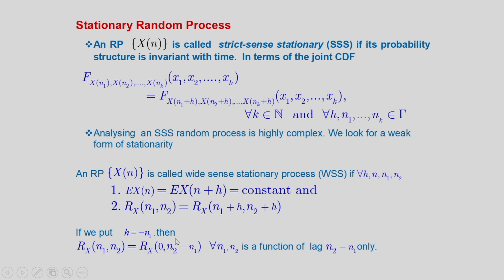It depends only on the time difference n2 minus n1. So, for a wide sense stationary process, the mean E of xn is constant and the autocorrelation function Rx of n1 n2 is a function of n2 minus n1 only.